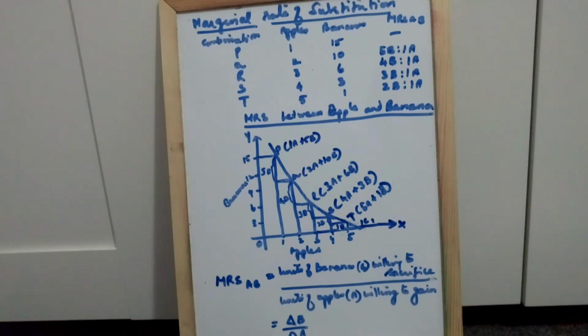Now, the assumptions of the indifference curve. The assumptions are: there are 2 commodities, the money is fixed and money is spent only on 2 goods. The price is constant.